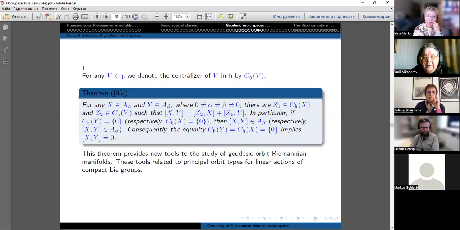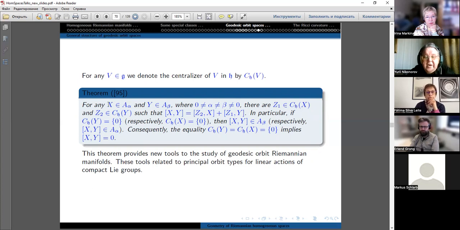And now we have some results that are quite technical, but in any case, this result shows that the property of being geodesic orbit is very, very restrictive, in fact.